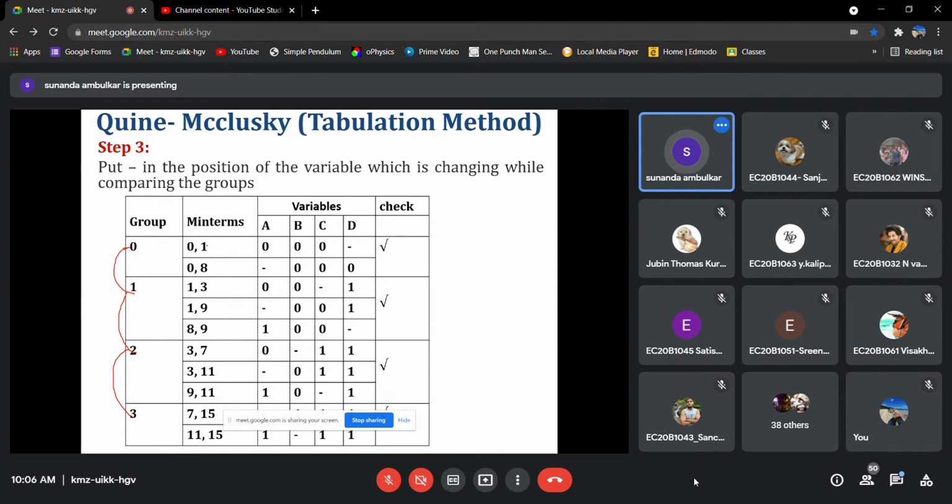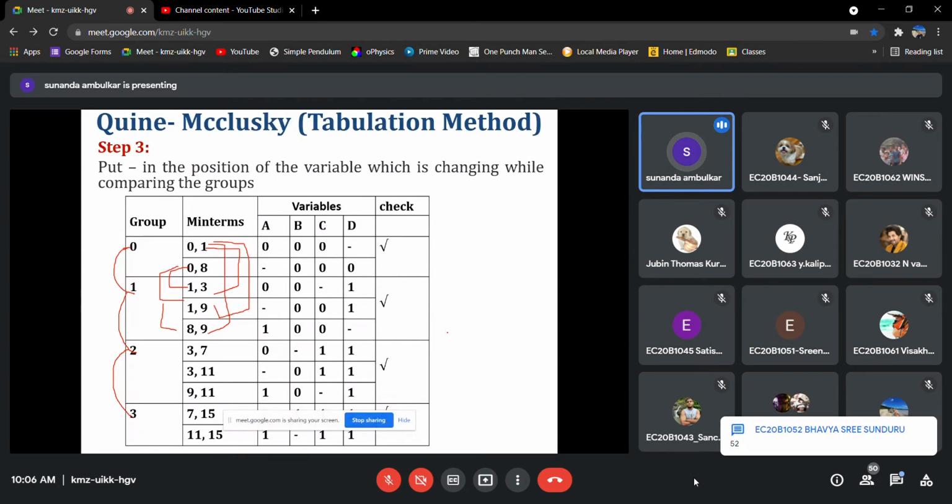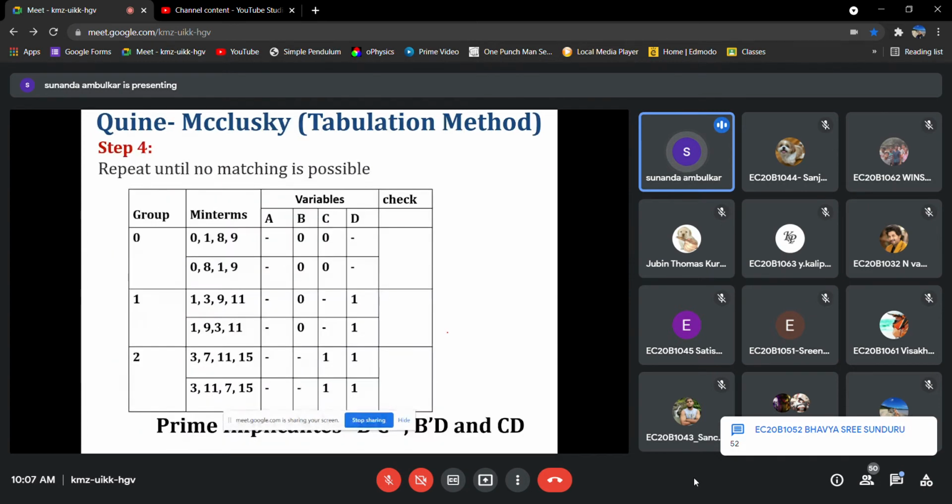Here we'll see 0 1 with 1 3, 0 1 with 1 9, then 0 1 with 8 9. Again we will check 0 8 with 1 3, then with 1 9, and then 8 9, and check those min term combinations for which only one variable change is there. So these are the different steps.